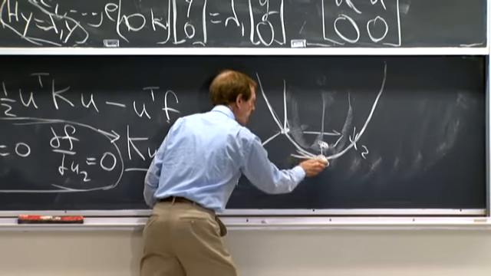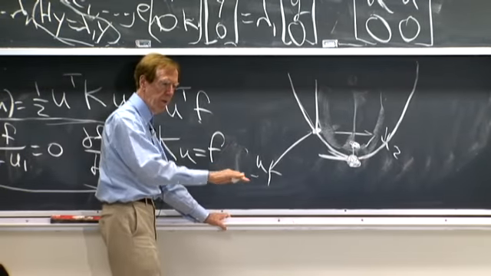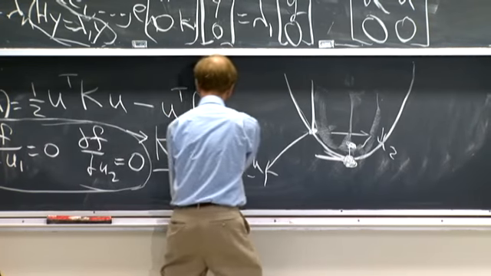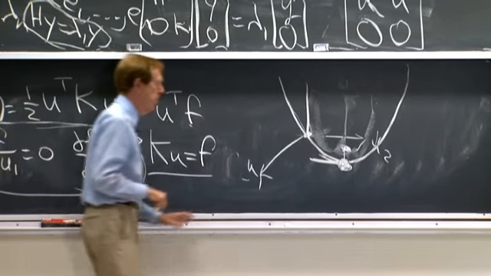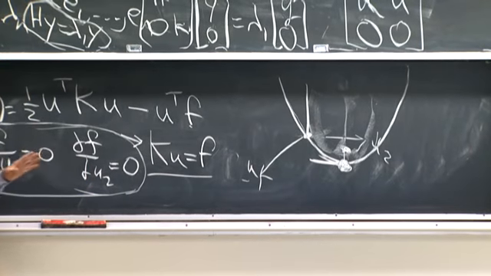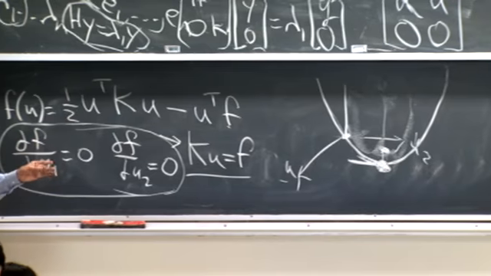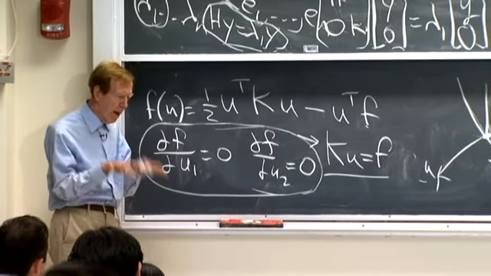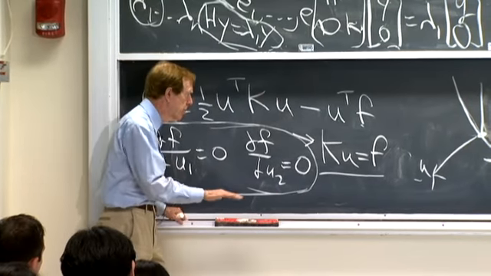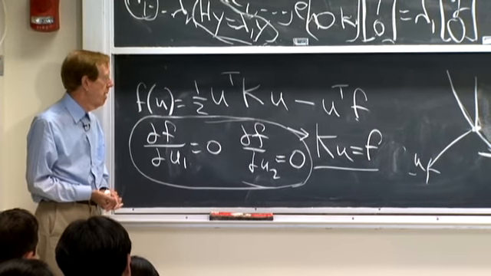I still have to figure out what's the bottom value, but I've now identified where the minimum occurs. So you've got two questions about a minimum. Where is it? What value of u gives the minimum? And at that lowest point, how low is it?